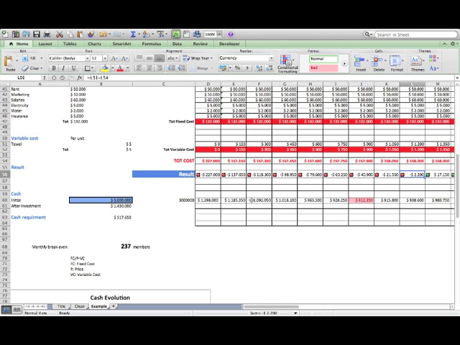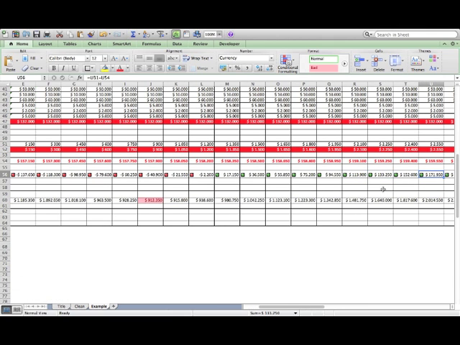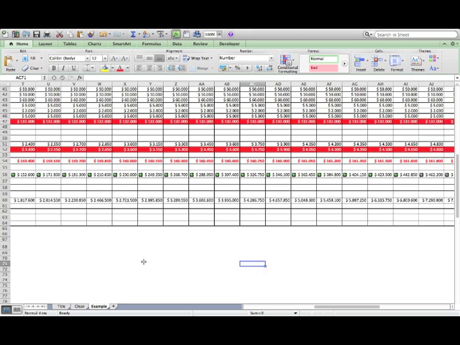Then on month number 10, we actually reach the break-even finally, and we start making money. So we get here 17,150 Hong Kong dollars profit, and from there we are profitable until the end of the project. And we can see that potentially we can make around 500,000 Hong Kong dollars a month profit with this project.